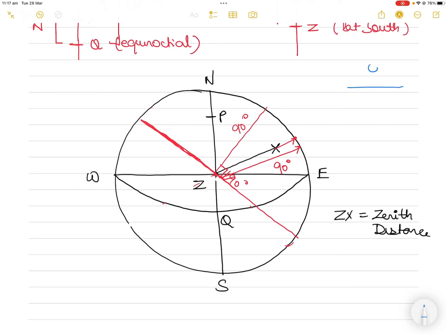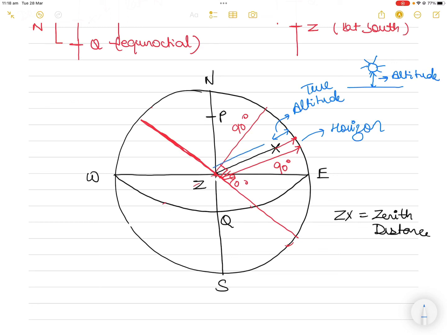Now, how far a body rises above a horizon, so this is the sun and this is the horizon, how far the body rises from the horizon is called the body's altitude, right? So this distance then becomes the altitude of a body, or true altitude of a body, because the black line represents the horizon, and how far the body rises above the horizon is the true altitude.